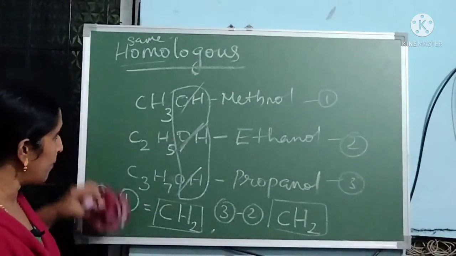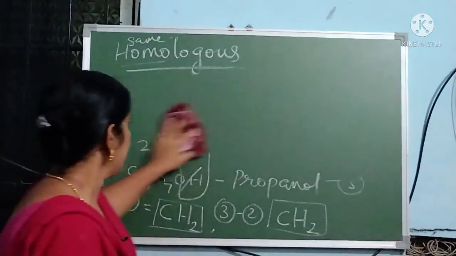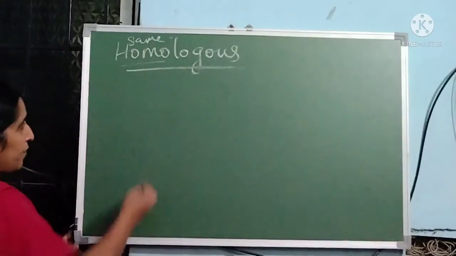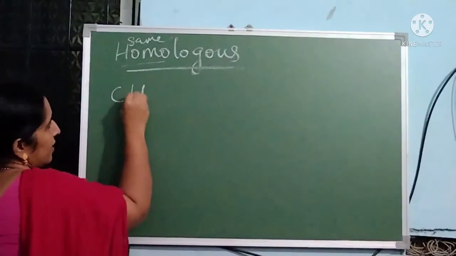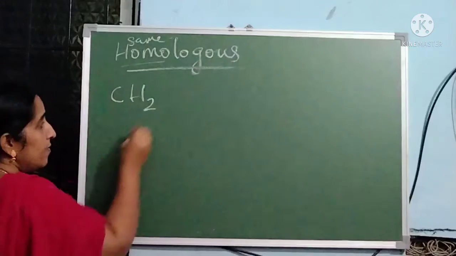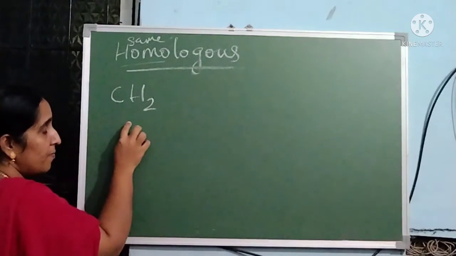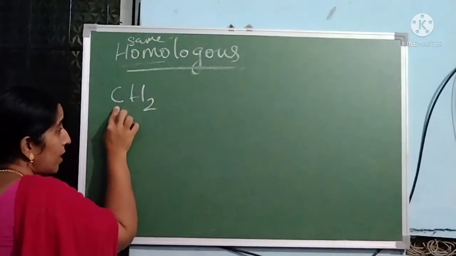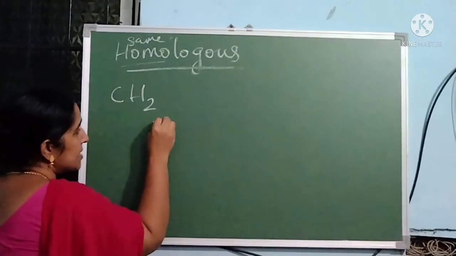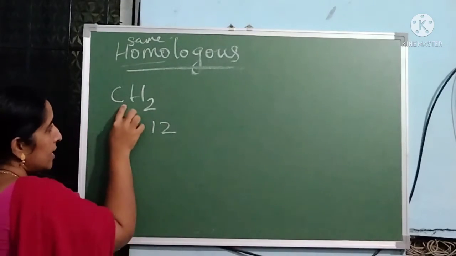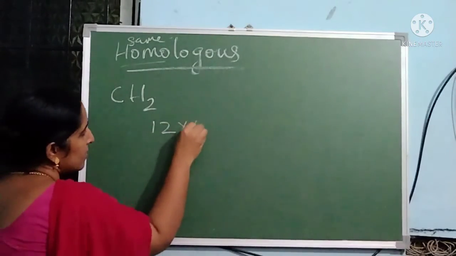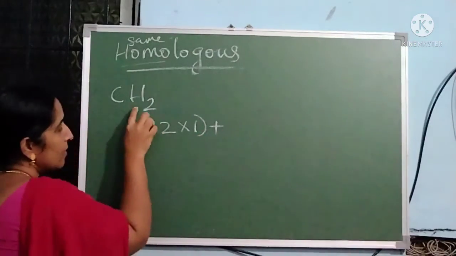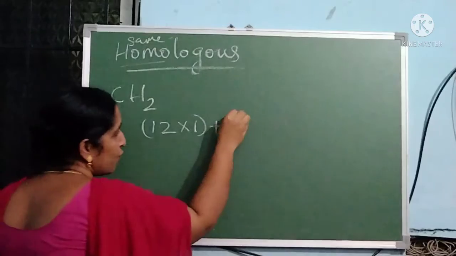Okay. Then the second property will be, if we take the common group CH2, what is its molecular mass? What is the atomic mass of carbon? The atomic mass of carbon is 12. Here the number of carbon atoms is 1. So 12 into 1 plus the atomic mass of hydrogen, which is 1.